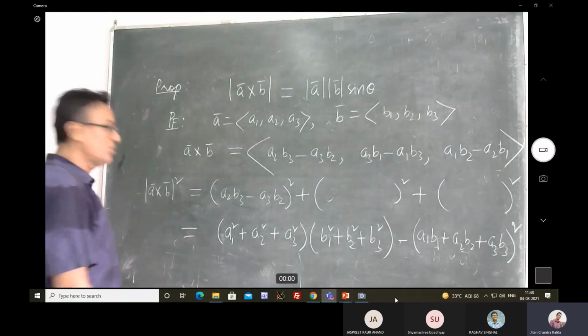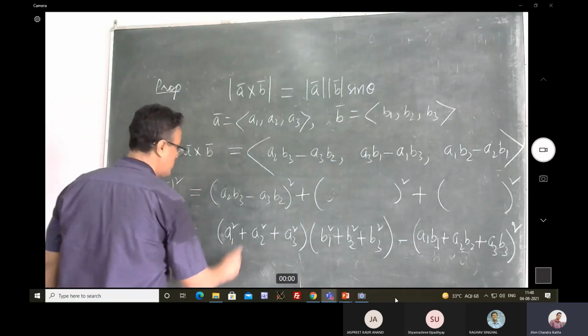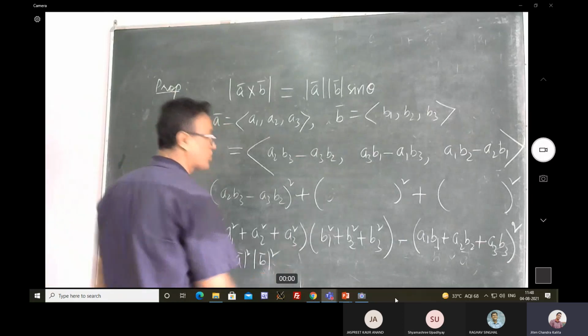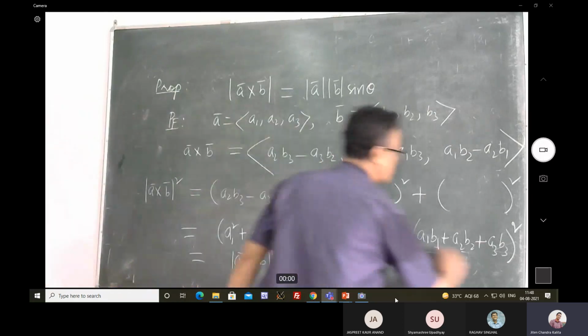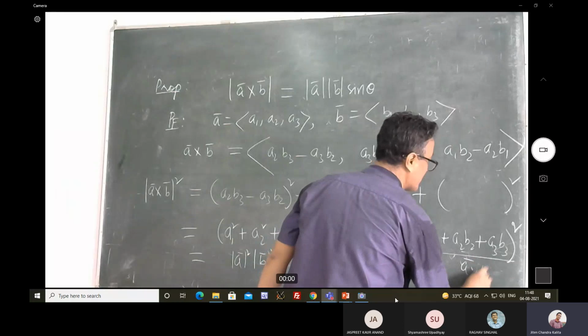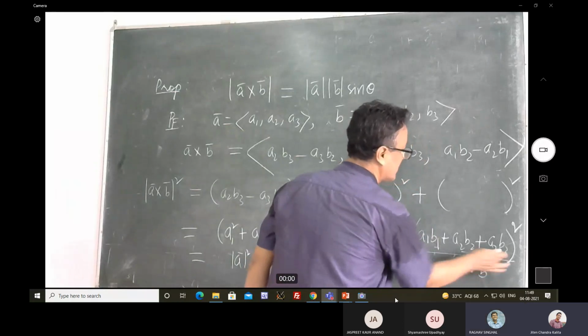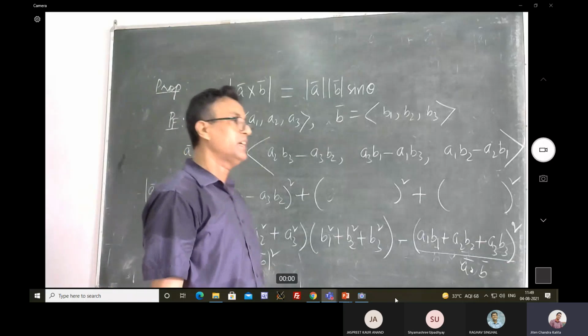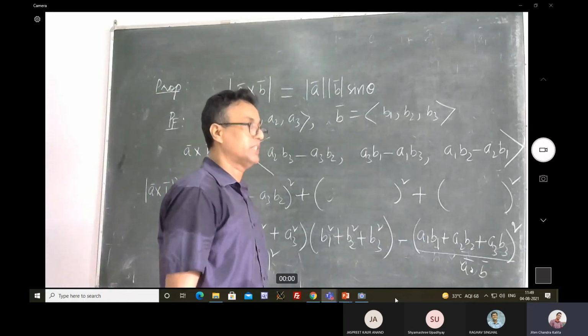If you look at this expression, you can see that this is mod A squared, this is mod B squared, and this is simply A dot B, isn't it? And what is A dot B? This is simply mod of A, mod of B cos theta.